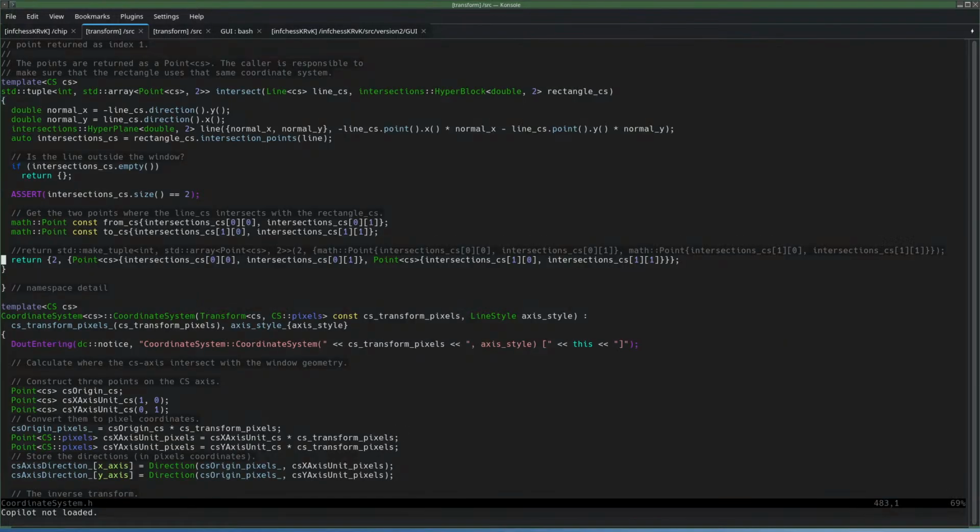And if I delete it completely, then I bet it doesn't know anymore that this has to be a point.cs. Although you could argue, well, the first brace means we're going to pass to the tuple. The 2 is then the int. Therefore, this brace must match standard array. Therefore, the second brace must be something that we want to use to initialize a point.cs. It's all there, in my humble opinion.